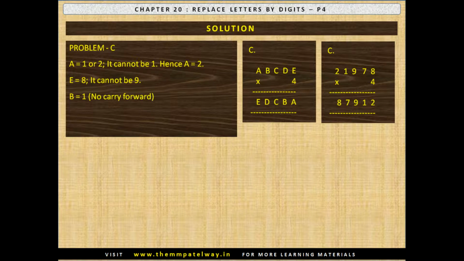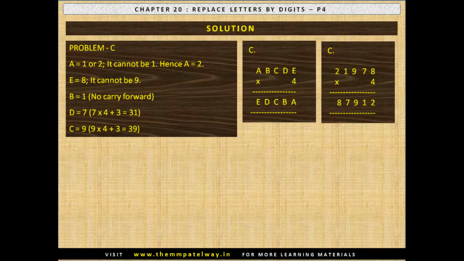Then we come to B and we find that B can be equal to either 1 or 2. The reason, B into 4 should not result in any carry forward. B cannot be equal to 2 because A is already equal to 2. Now we come to D and we find D equals to 7 as 7 into 4 plus 3 gives us 31.